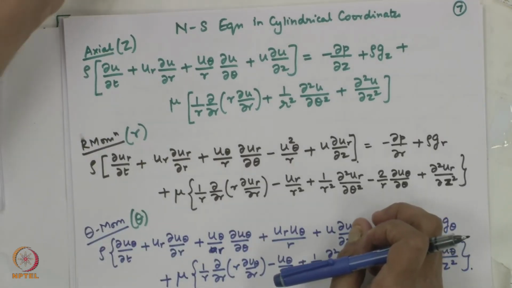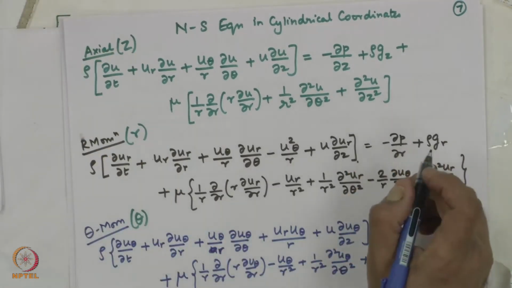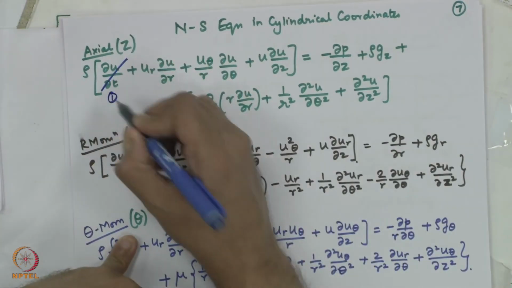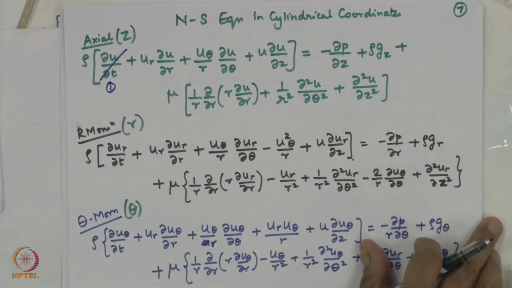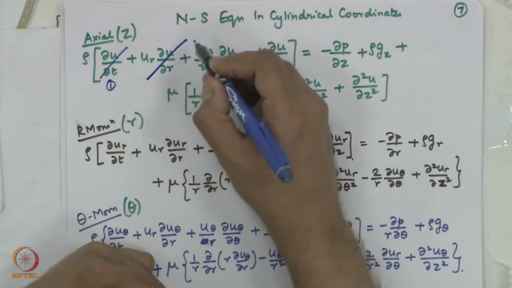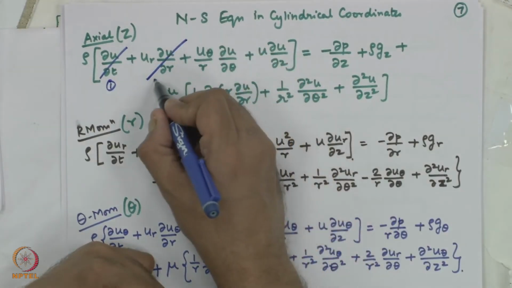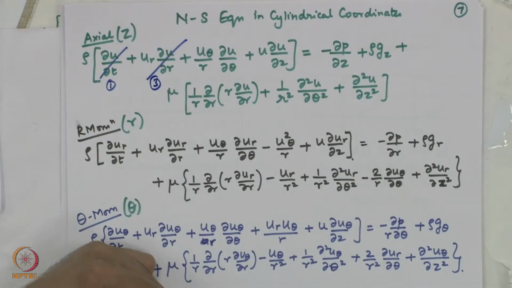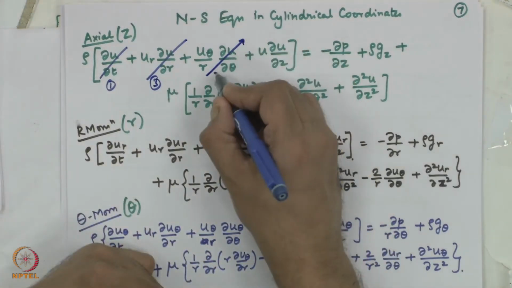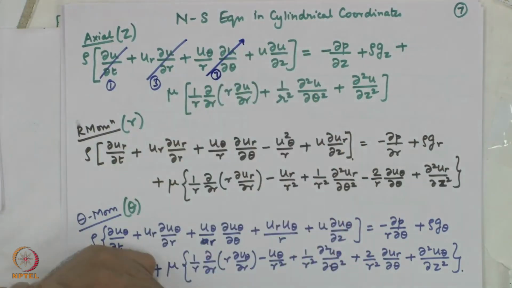The axial momentum equation is written here, that is in the z direction. It is steady state, so this is the first assumption, steady state. Number 3, parallel flow. So, ur is 0, therefore, this term goes to 0. Anything with respect to theta is 0, so this term, because of assumption 7, goes to 0.